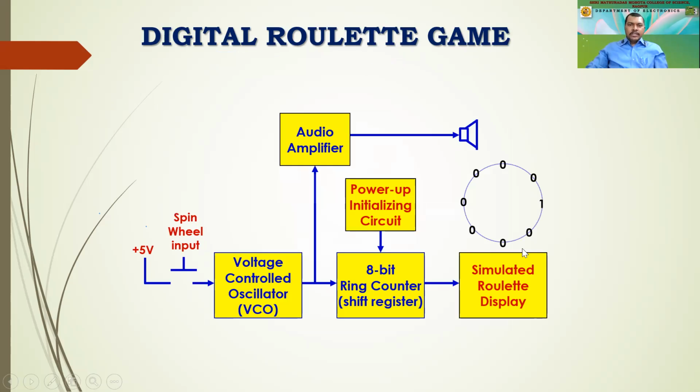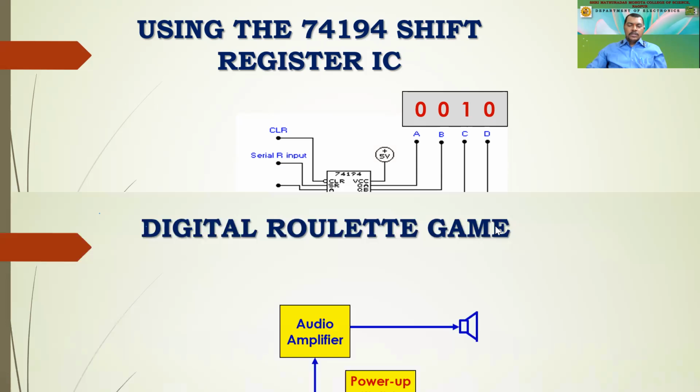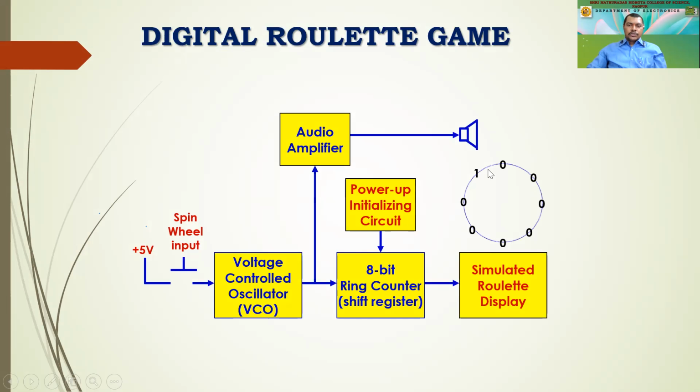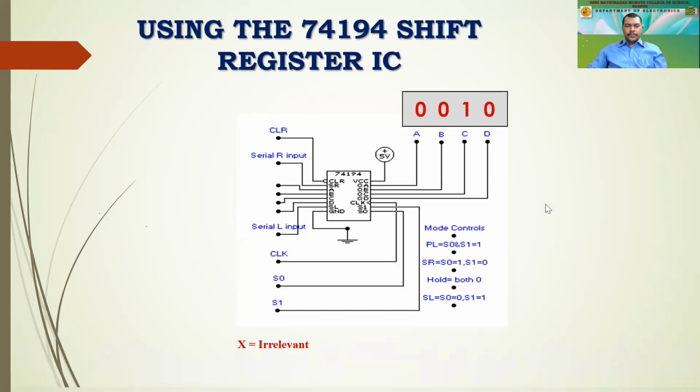Yeah, so this was one of the examples, which we call the digital roulette game, where you are able to see that this game has a ring. This is a pulse which we need to shift in over there, right? According to that, we can have this game, and as you switch on, this will shift to 1 and 0.